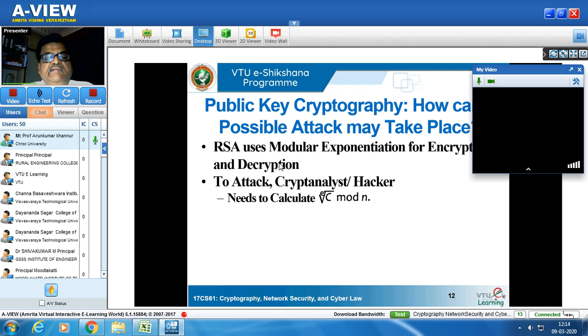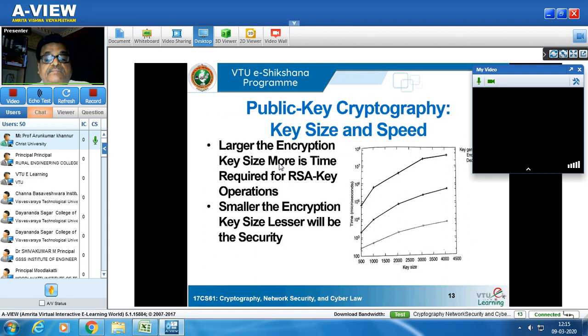Usually the hacker calculates the eth root of C mod n, and RSA uses modular exponentiation for encryption and decryption, but the attacker uses the eth root of C mod n.